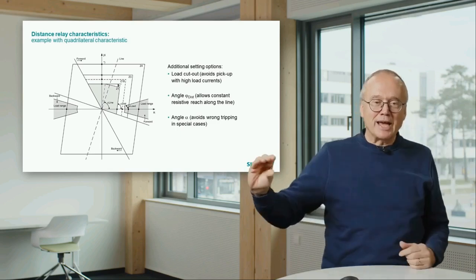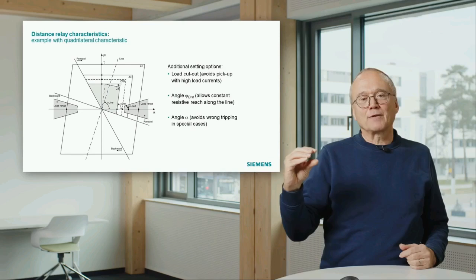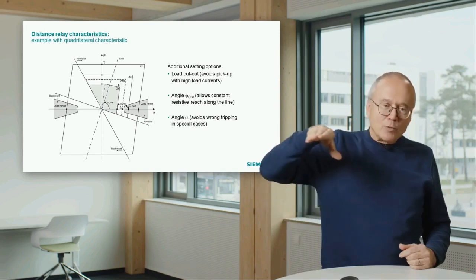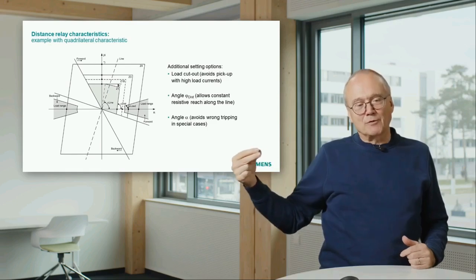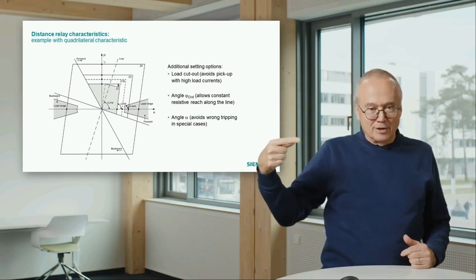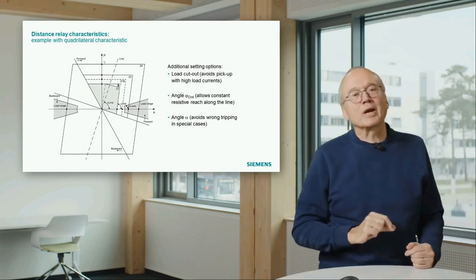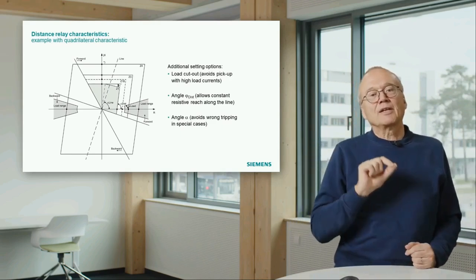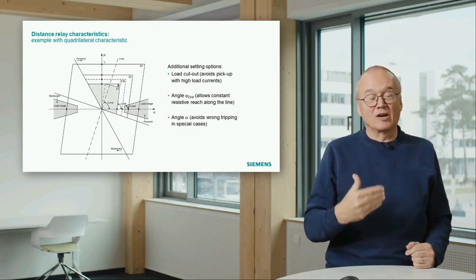In that area where the load typically is, around the resistive axis, we cut out a little bit of the characteristic. That means if the measured point approaches the characteristic, moves in, but still within this gray area, then we will not pick up. That's called load cutout.